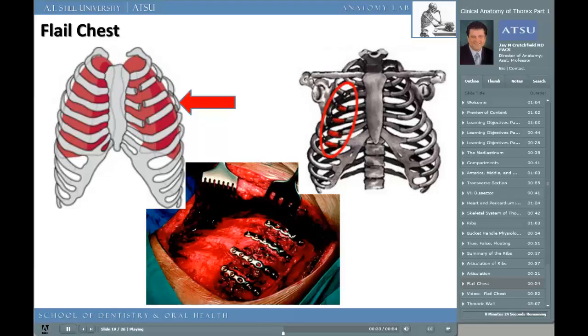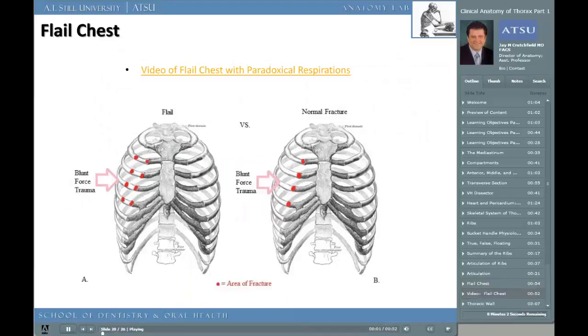As he inhales and his chest normally expands, the flail segment, under negative intrathoracic pressure, caves in and moves in. And when he exhales and his thoracic cavity then collapses, the flail segment then expands. This is called paradoxical motion. Take a look at this video and listen to the commentary.